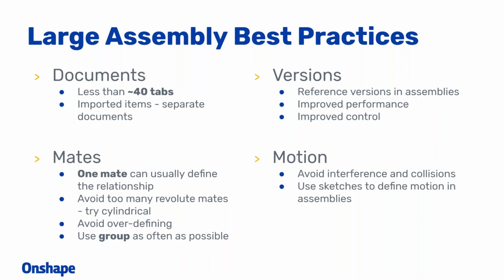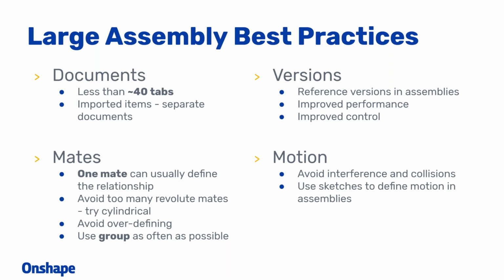Regarding mates, when you make an assembly, you really have to start by thinking about what type of relationships you need between parts. And when you do this, you want to use as few mates as possible, because in an assembly, the largest thing being computed is these degrees of freedom between parts that mates define.